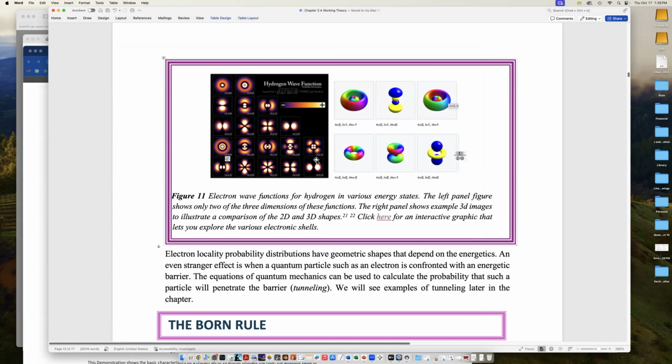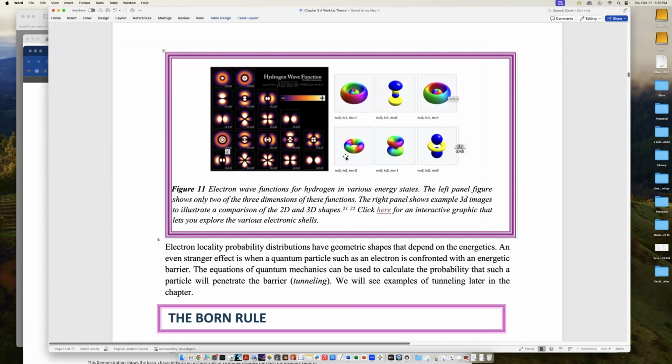All that mathematics had been discovered in the 1800s as an intellectual exercise. The mathematicians that made those developments had no reason to believe that their work would ever be useful. And yet, here it is. These are the solutions for hydrogen in this case.